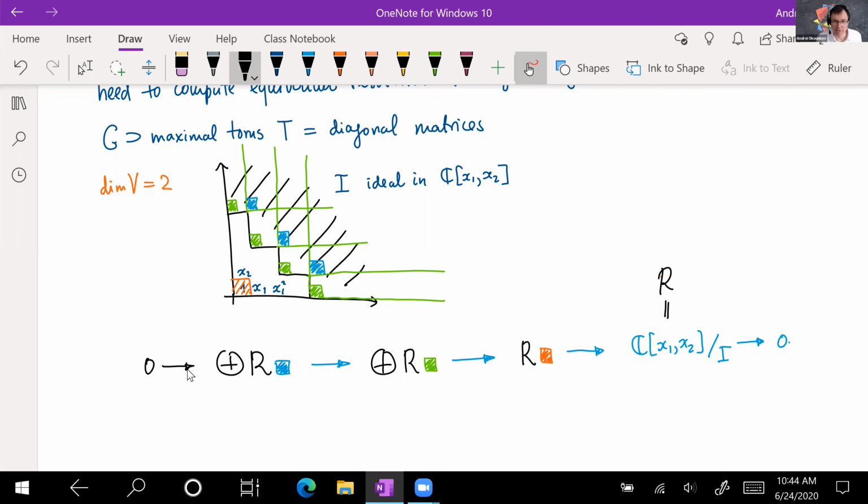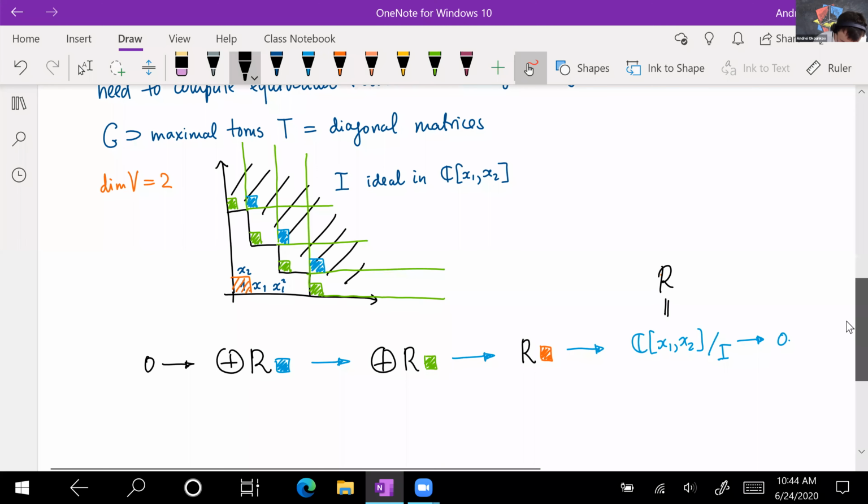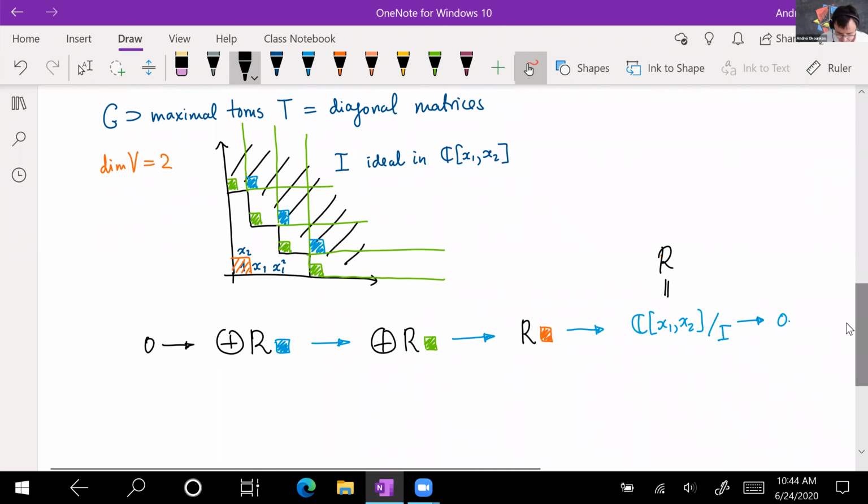In particular, we check Hilbert's syzygy theorem, that indeed the third term of my resolution is just free. Like I said 5 minutes ago, Hilbert's syzygy theorem says that whatever the nth term of the resolution is going to be locally free.